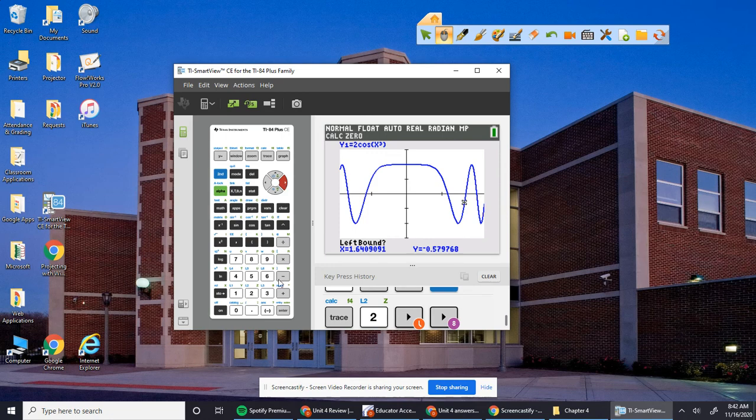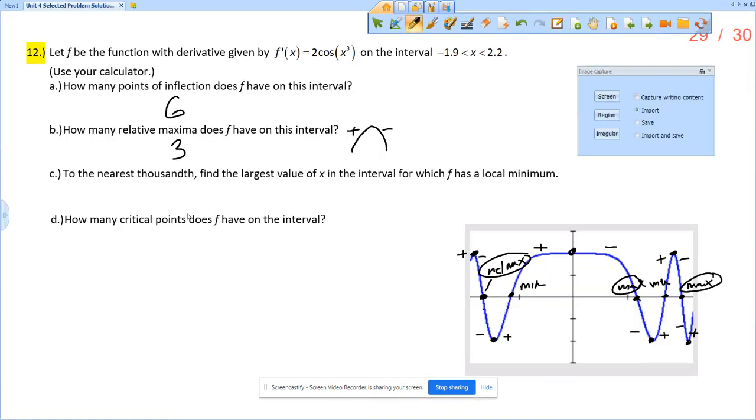I put the cursor on the left, hit enter, move the cursor to the right, hit enter. I don't need to guess because there's only one zero on that interval. And I get x equals 1.6765. We want to round to 3 decimal places, so x is approximately 1.677.